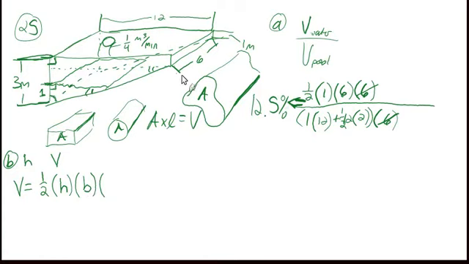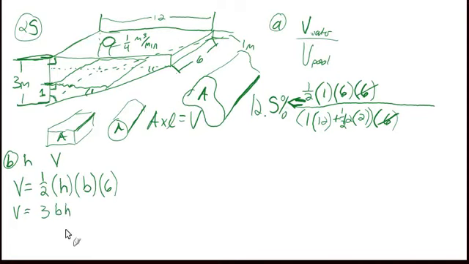Now this never changes. This is always going to be 6. So we might as well just say times 6. The volume is going to be the area of the face times 6. So the volume is going to be equal to 3 times base times height, because 6 times 1/2.